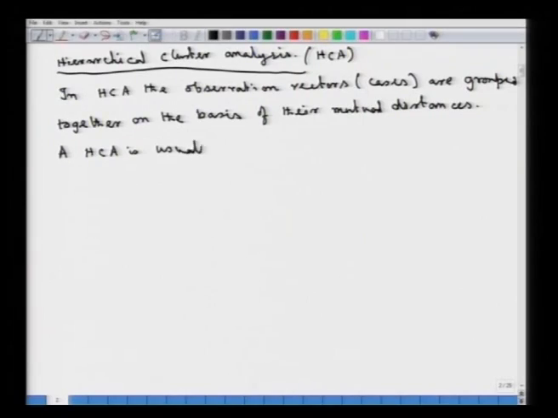This is usually visualized, almost always actually, through a hierarchical tree which is called the dendrogram.